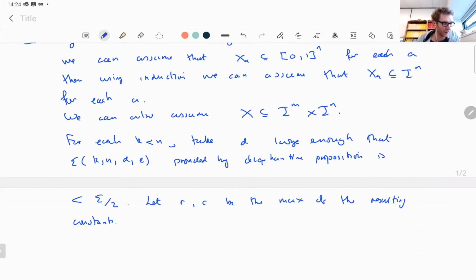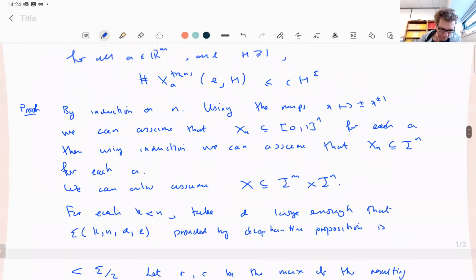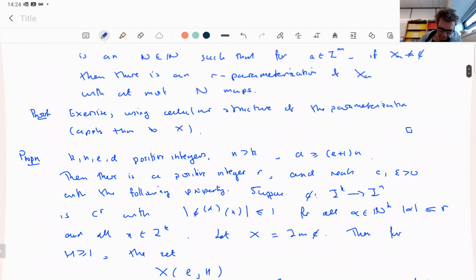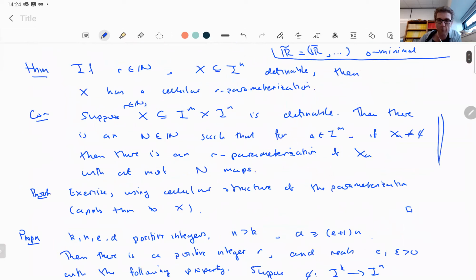And then I apply the parameterization result here with that r. So then I get an n such that each fiber has an r parameterization with at most n maps.